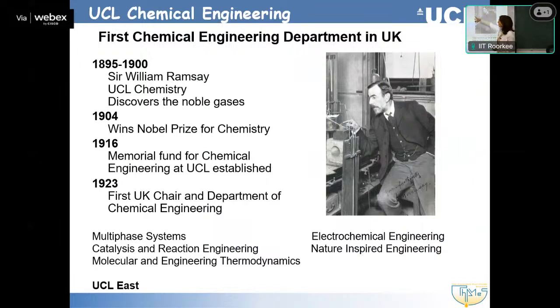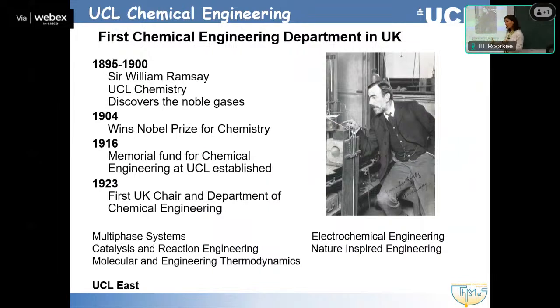It was founded in memory of Sir William Ramsay, a UCL chemist who discovered the noble gases and won a Nobel Prize for that. But he was also very much interested in the industrial application of chemistry. So there was this memorial fund to create a chair of chemical engineering, and later on a department of chemical engineering.